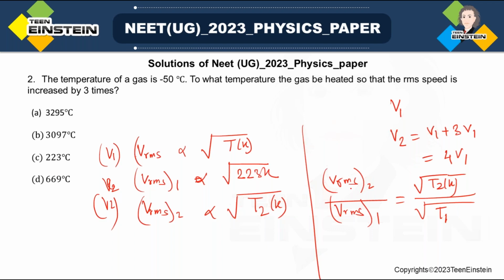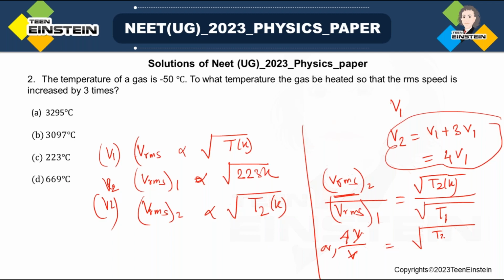Now if this was V, this will be 4V. That means this ratio is 4, as I have shown you in the beginning itself. This is the square root of T2 by T1.